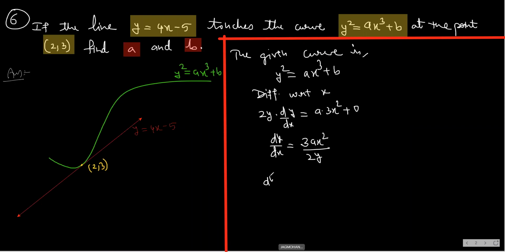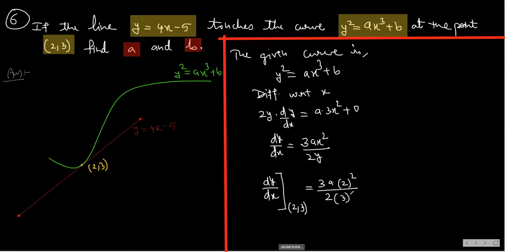Now in this dy by dx, remember students, when I substitute 2 comma 3, what do I get? I will get the slope of the tangent to the curve at 2 comma 3, right? So let me substitute 2 comma 3 in dy by dx. So here I have 3a into 2 square upon 2 into 3.